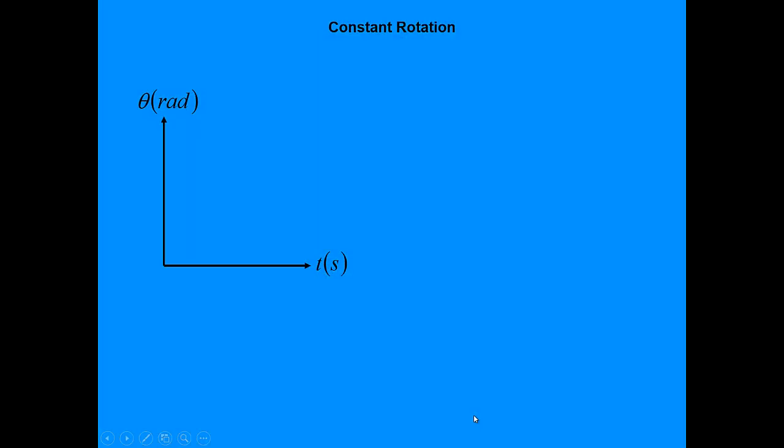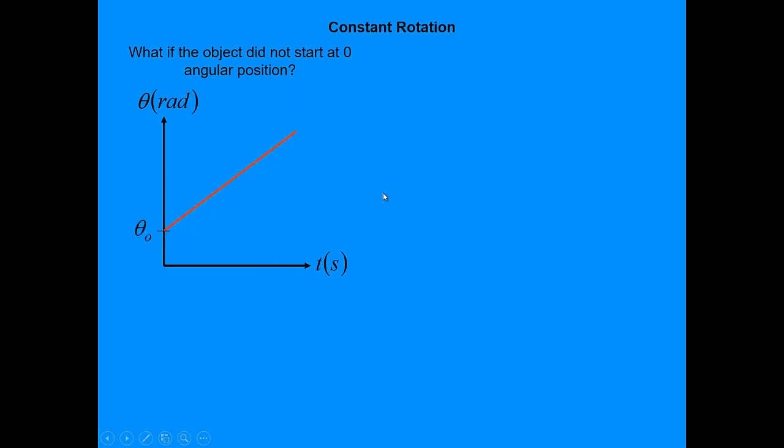Now, one little thing we can do here, well, a couple little things. First off, if it doesn't start at 0 angular position, well, just like, again, think of the linear analogy, all that's going to do is not change how fast it rotates, right? It's just going to change where it starts from, which would be the y-intercept.